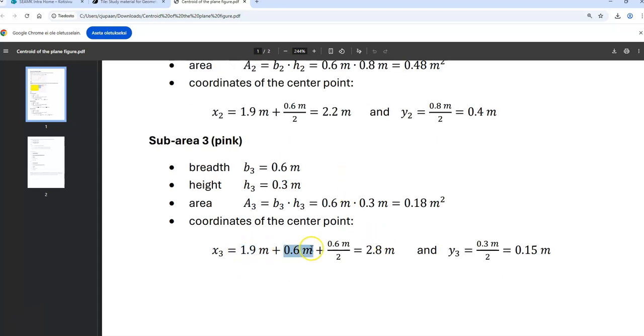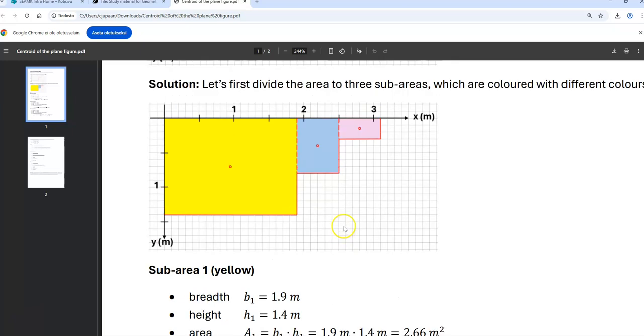1.9 plus 0.6, and then half of that, half of the breadth of that last figure there. This may seem a little bit strange, because in this case we have this coordinate system written in the picture, so we can actually see from those coordinates what the coordinates of every figure are.